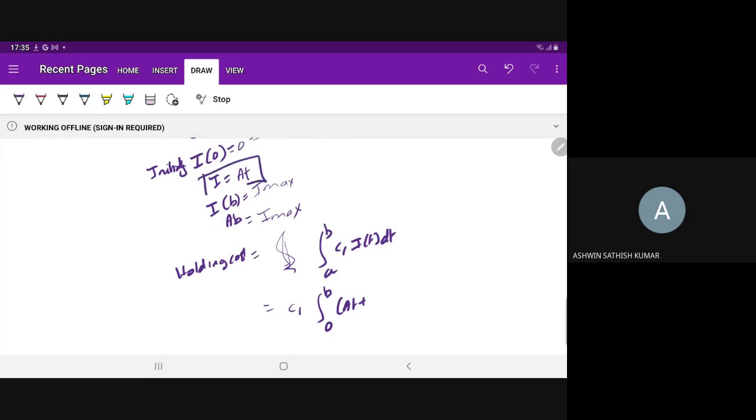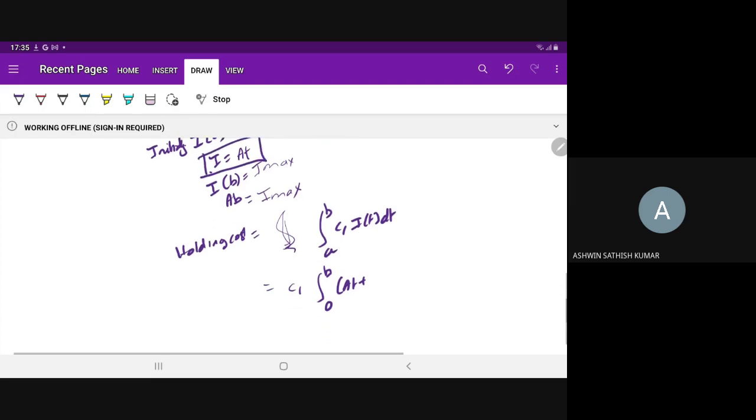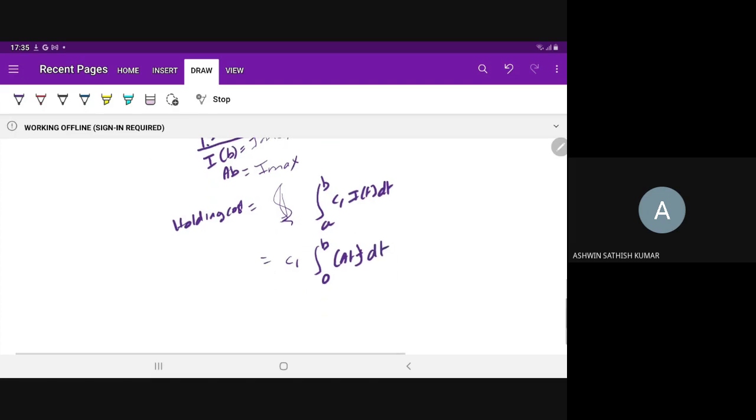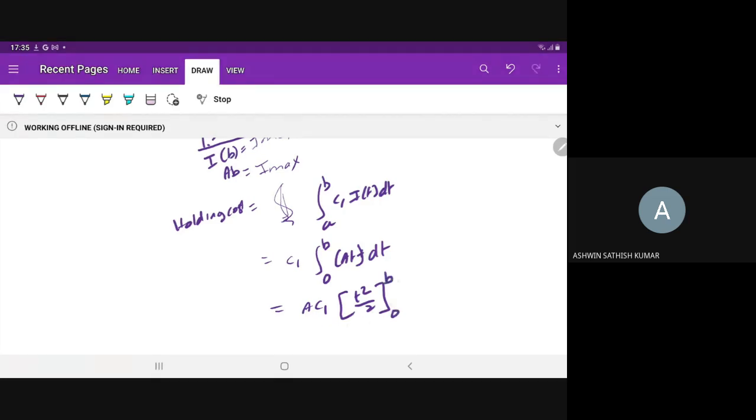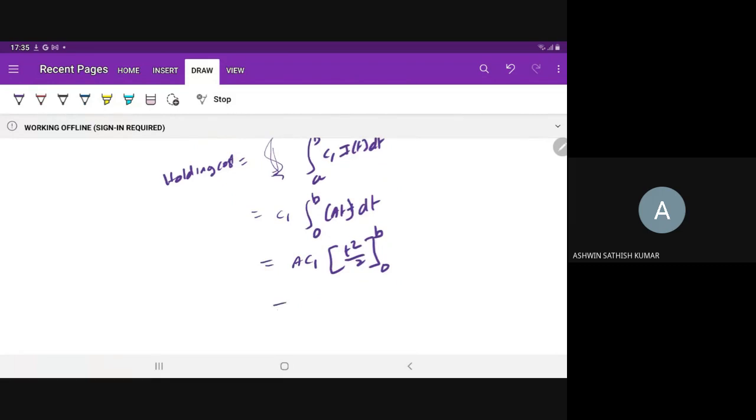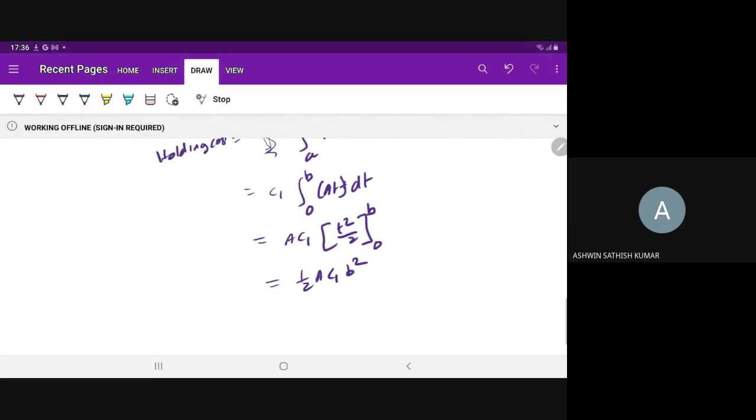So this becomes A C1 times the integral of t dt, that is t square by 2 from 0 to b, which gives half A C1 b square.